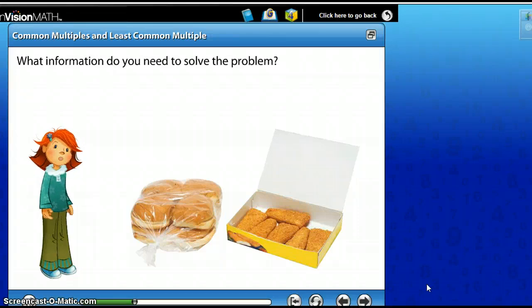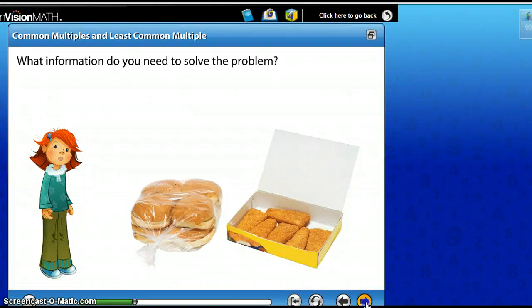What information do you need to solve the problem? What do we need to know? Ellie? How many people is she serving? Anything else, Grace? The number of buns and fish fillets, okay.